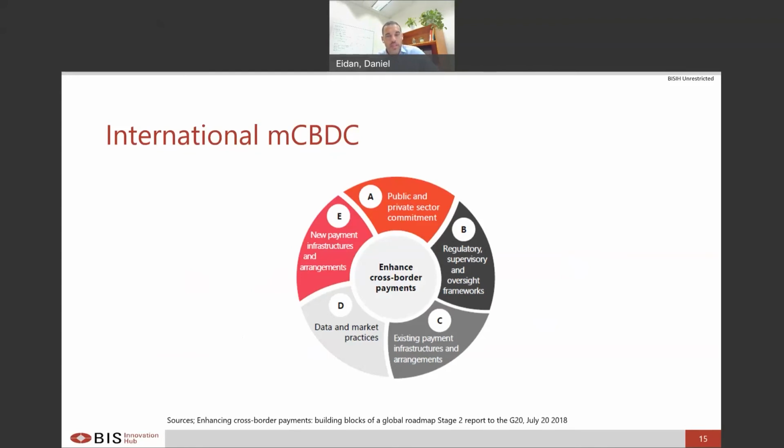If we read from right to left, starting at point number A, so public-private sector commitment, regulatory and supervisory oversight, existing payment infrastructure arrangements, data and market practices, and then last but not least, new payment infrastructures and arrangements. And that's very much where CBDC plays a role, is within the context of evaluating new payment infrastructures that can solve this huge burden of global cross-border payments.